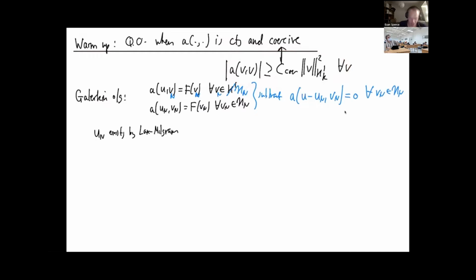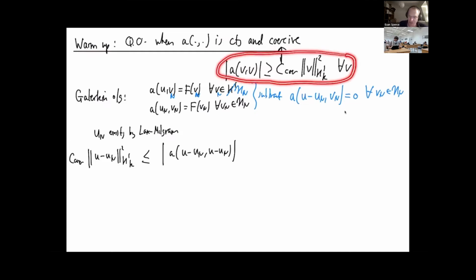So Uh exists by Lax-Milgram, so we're okay to write things down involving Uh. And now, thanks to coercivity, we have C_coer times the norm of U minus Uh squared in H1 is bounded above by a(U minus Uh, U minus Uh). Right, so I've just taken the definition of coercivity and I've applied it with the specific function V being U minus Uh. And I know that Uh exists, so this is legal.